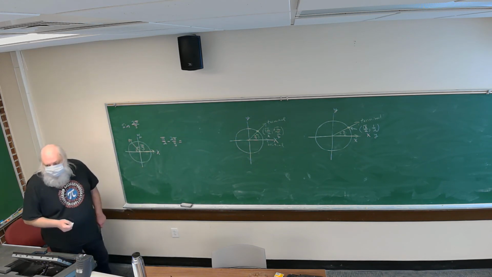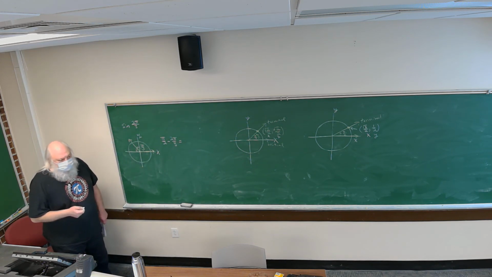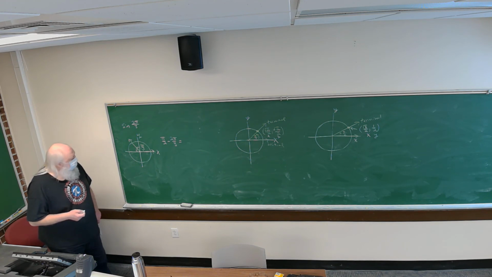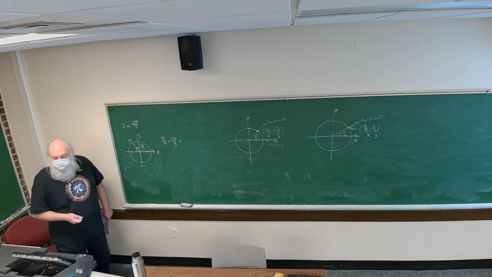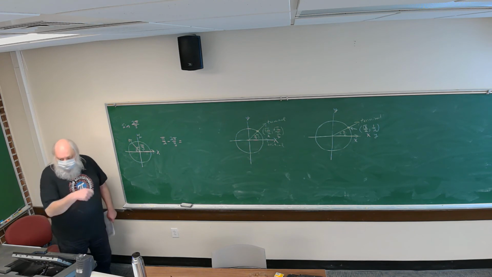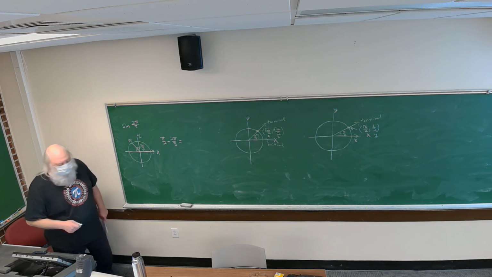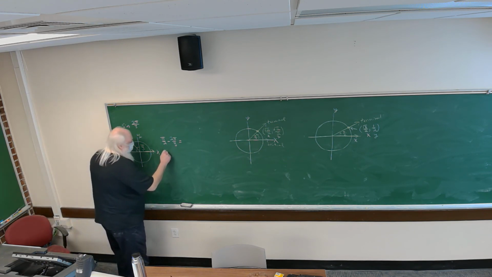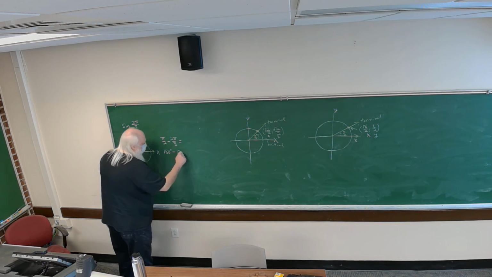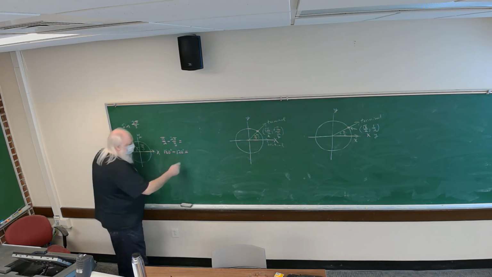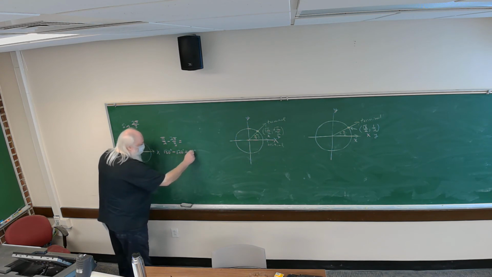Now you have to deal with fractions. Sometimes it's easier to solve these problems in degrees and then convert back to radians. Because remember, pi over 2 radians is the same as 180 degrees, and 2 pi over 3 radians is the same as 120 degrees, and 180 minus 120 is 60.